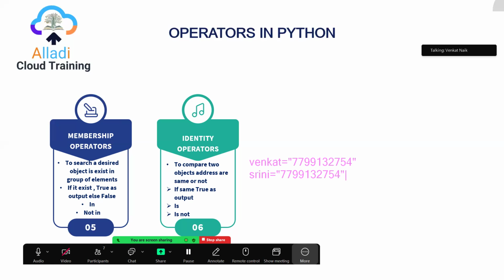You tell me, in this particular case in mobile, it will throw an error to you. Venkat and Srini are different people, but the phone number will be the same.